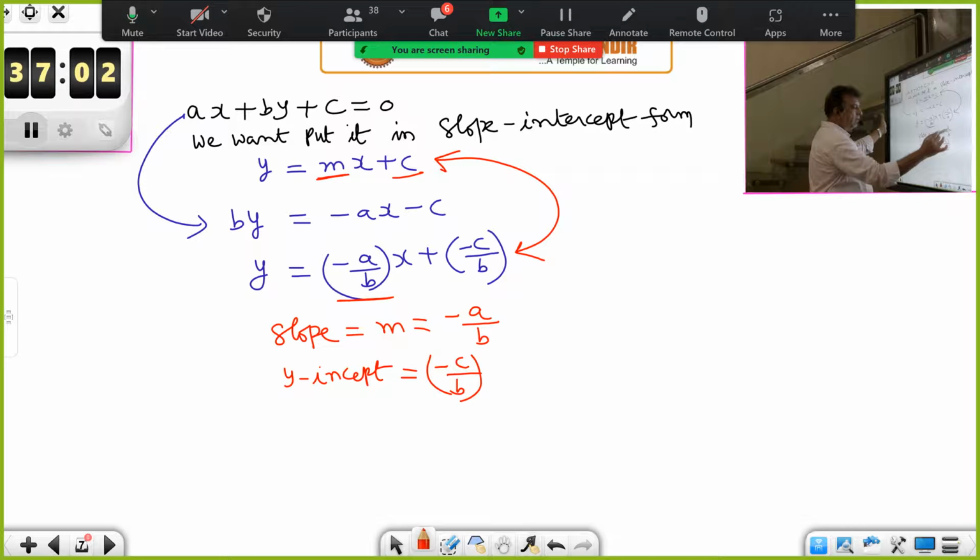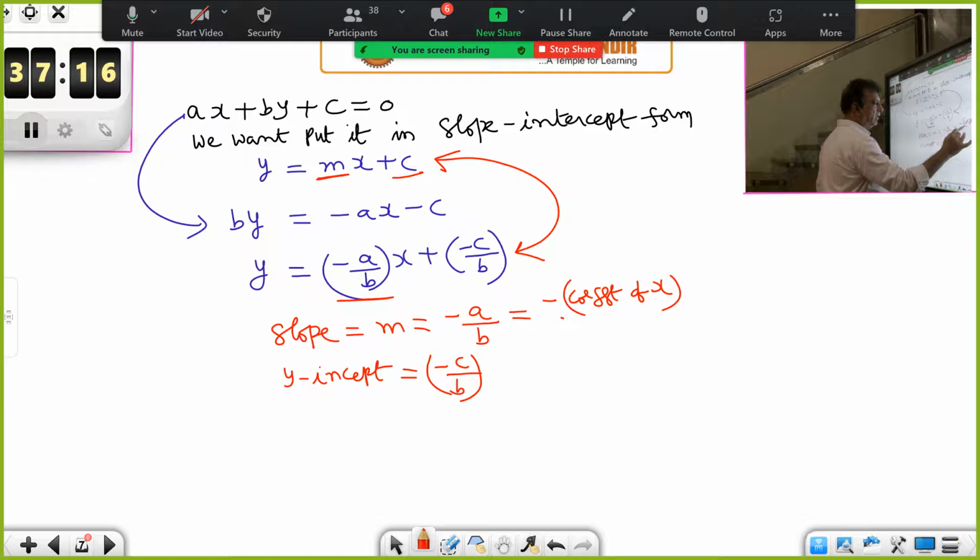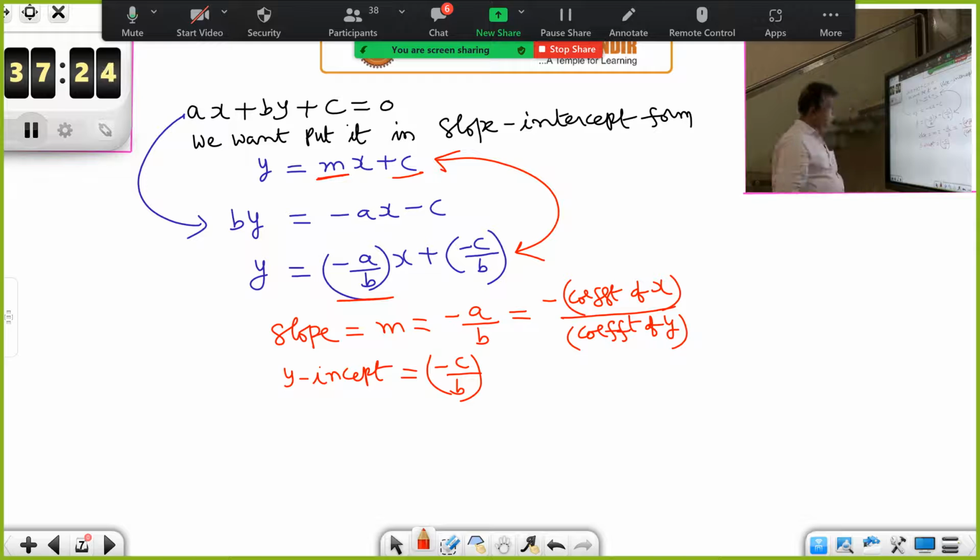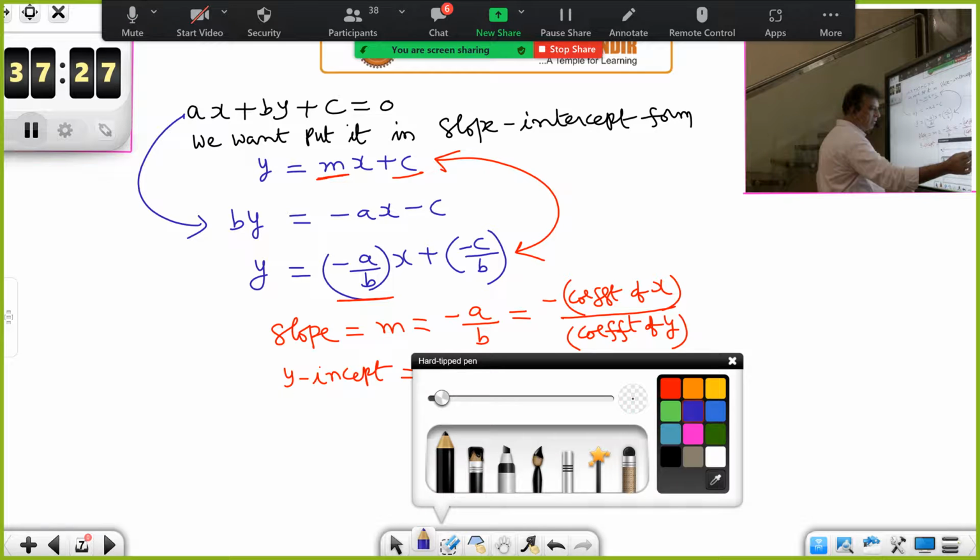So this slope formula is important. How do you remember that formula? Slope of the line ax plus by plus c is equal to 0 is minus of coefficient of x, that is a, divided by coefficient of y. So please remember this formula.